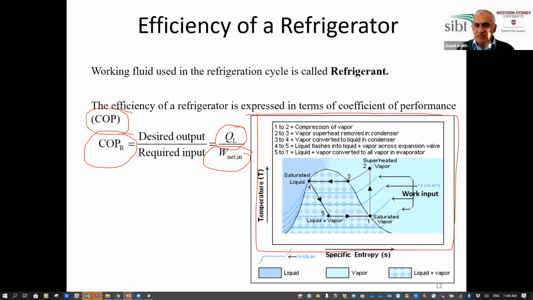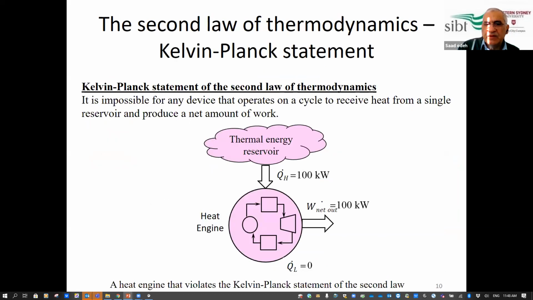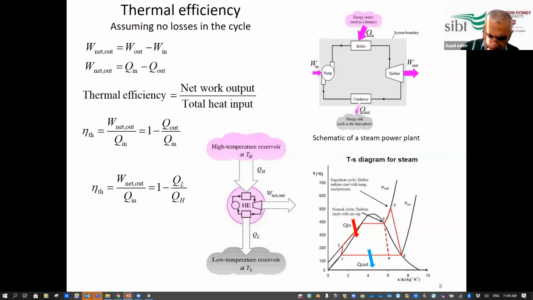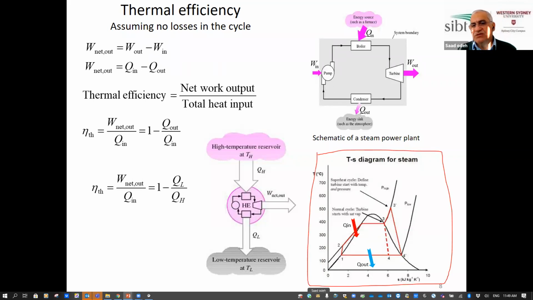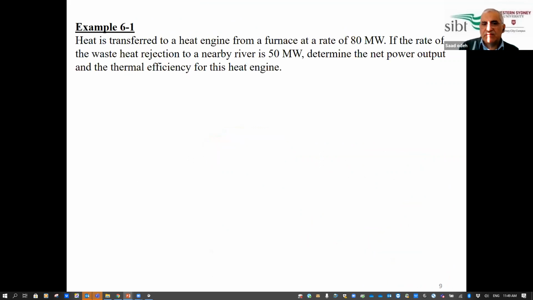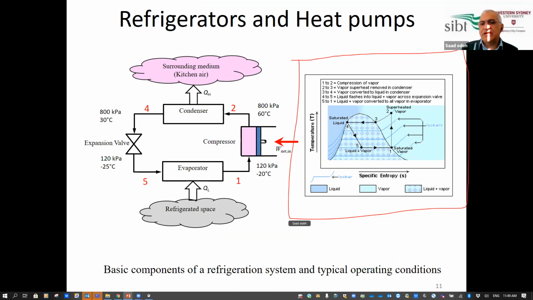The same thing I mentioned before, I showed you the cycle for the power plants. This cycle represents the power plant on the thermodynamic cycle chart, and there's a similar thing for the refrigerant, for the refrigeration or air conditioning cycle.